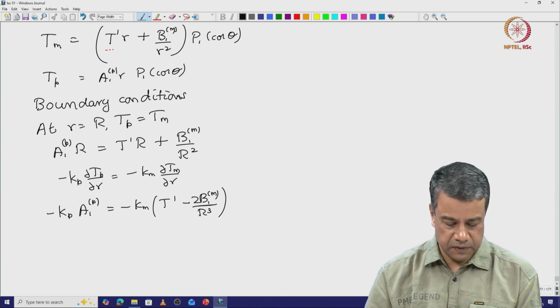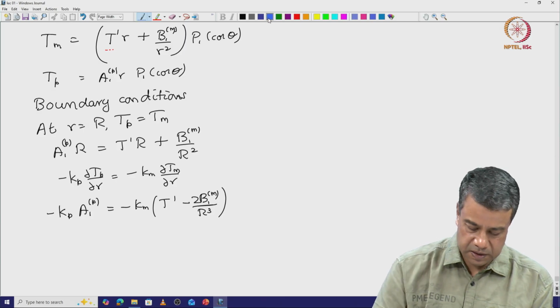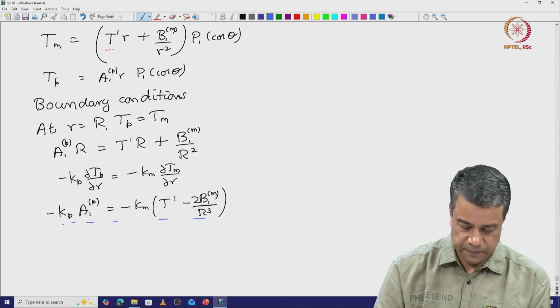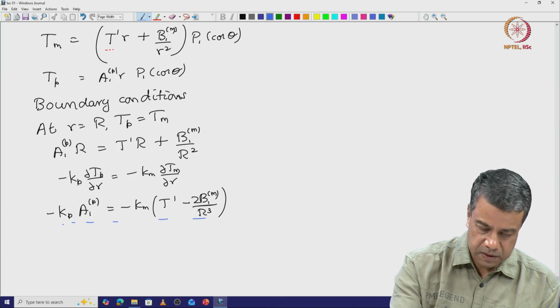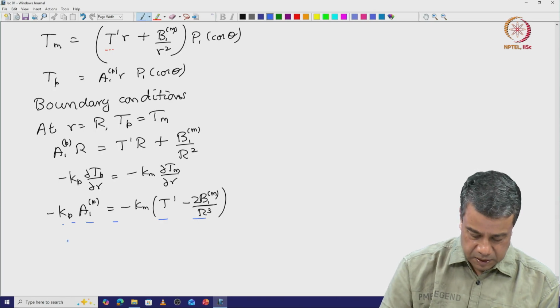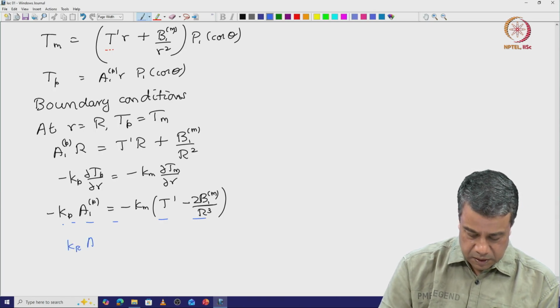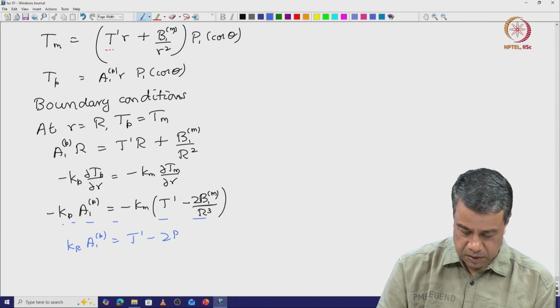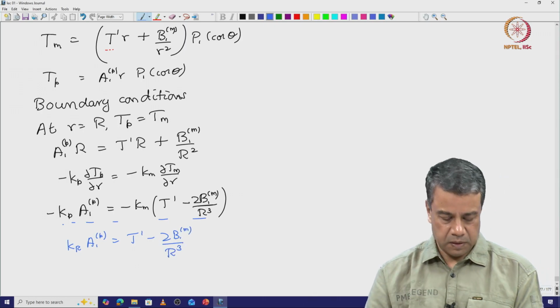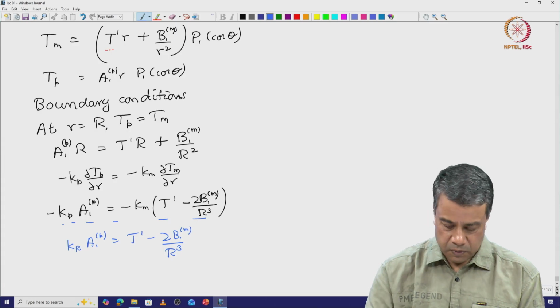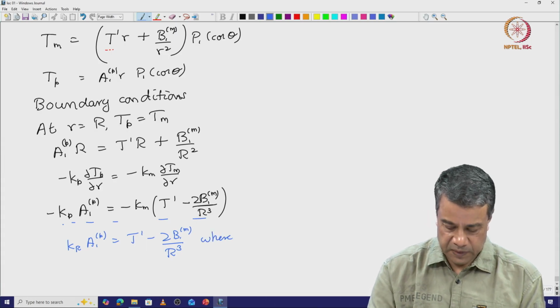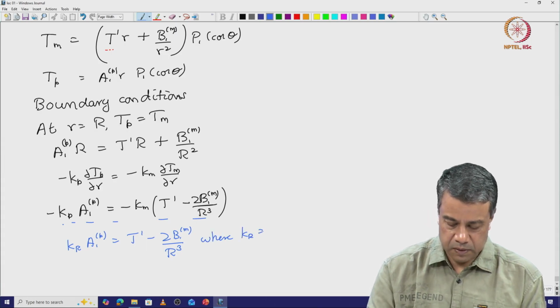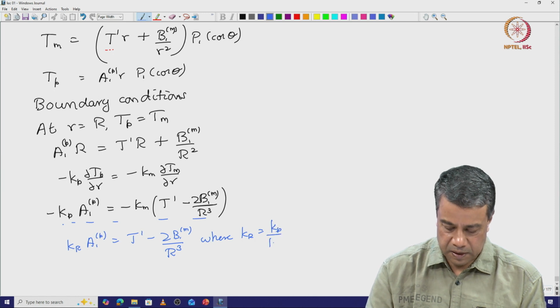What I can do is divide this equation for the flux throughout by Km to get an equation of the form Kr A1 particle is equal to T prime minus 2 B1 m by r cubed. Okay, where Kr is equal to K particle by K matrix.